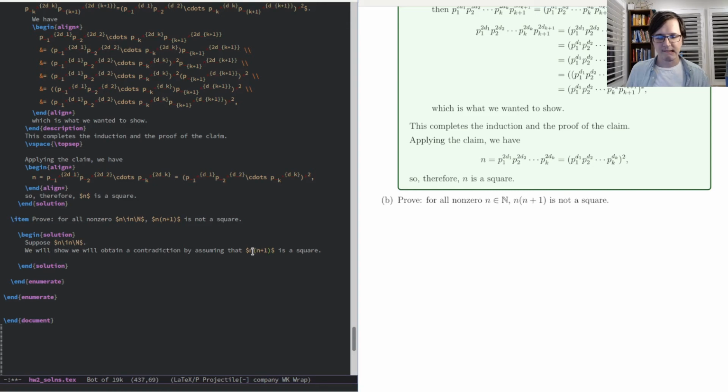But let's see these numbers, n and n plus 1. We showed the GCD of them is 1, so they have no factors in common.